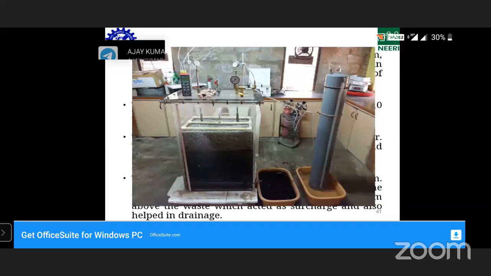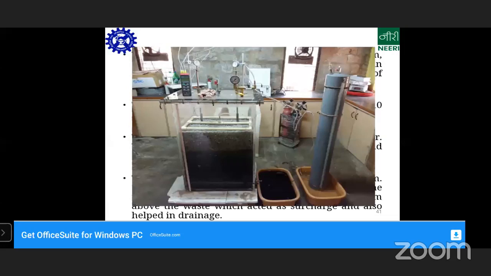You can see the bottom and top, where leachate is being generated and collected. So this was characterized. Then you can see the long tube, that is a water displacement method for gas collection. That is a landfill gas. Landfill gas has both methane and carbon dioxide. Methane is around 45-50%, and the rest is carbon dioxide.